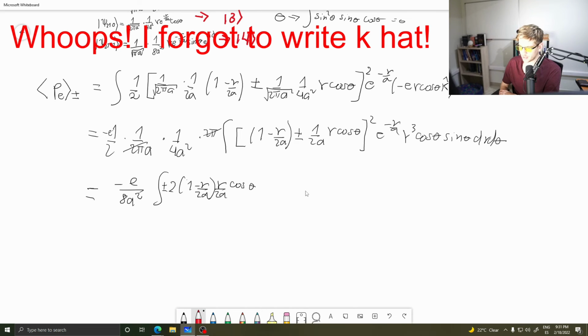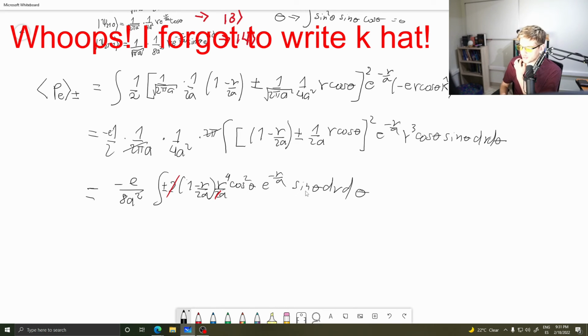So the 2's cancel out. And then we get e to the minus r over a. This r cubed we can absorb here, so write it as r to the 4th. This cosine we can put here, and sine theta dr d theta.